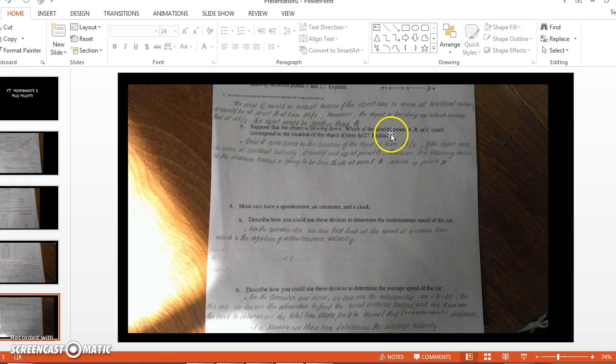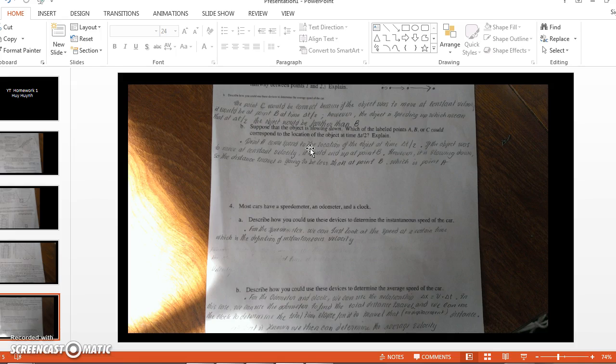However, since the object is speeding up, at delta t over 2 the object would cover more distance, which is point C, farther than point B. Similarly, for part B, I got that point A would correspond to the location of the object at time delta t over 2.